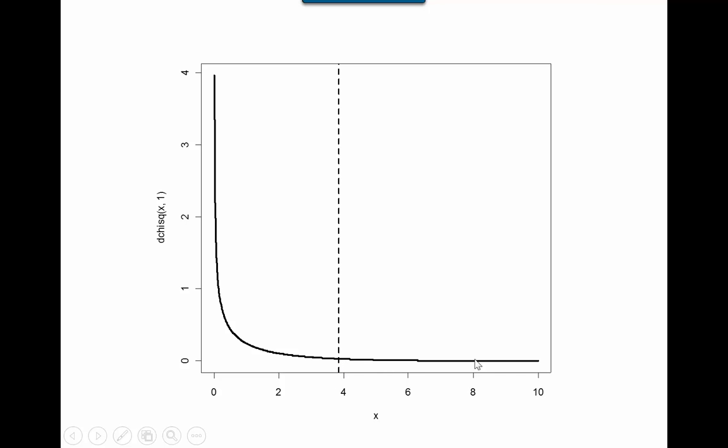So for this value or larger, there's a 0.05 probability that you would get a chi-squared value this big or larger. Correspondingly, 95% of the probability for this distribution is less than 3.84. So our value of 158 is way off to the right-hand side.